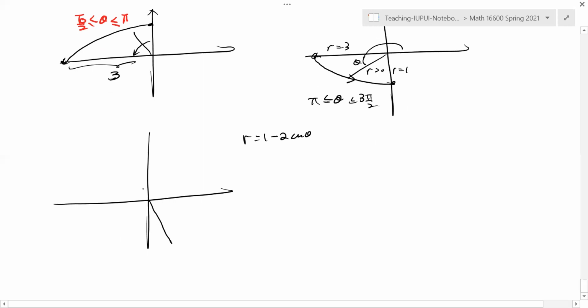So this is theta between 3 pi over 2 and 2 pi minus pi over 3, so this is 5 pi over 3. From here, r starts equal to 1, and then r equals 0. So you get a picture of this portion here. That is clear.